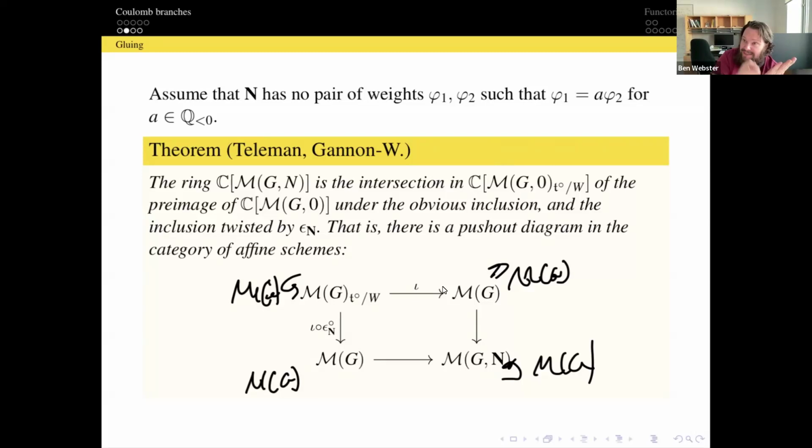And then MGN is the affinization of that coproduct, or not coproduct, sorry, push out. Right, it's a coproduct over a morphism. So what I'm doing is, it's geometrically obvious that it works for the push out in the category of schemes. And then push out in affine schemes is: do push out in schemes and then affinize.